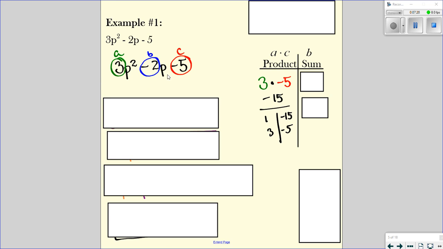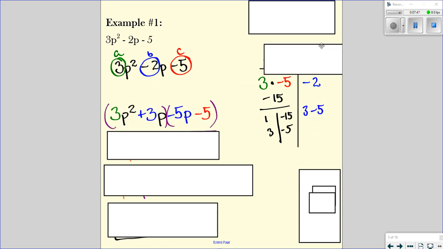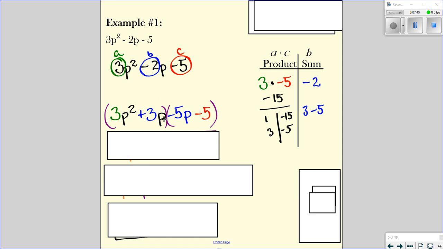So that means whatever two factors I find and I add them, I have to end up with a negative. So that negative has to stick with the bigger number in order for that to happen. So now my sum is negative 2. Now I look, which one will give me negative 2 when I add the two factors? 3 and negative 5.